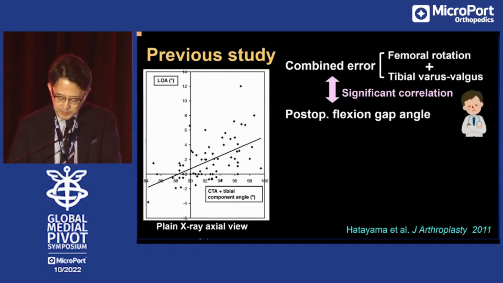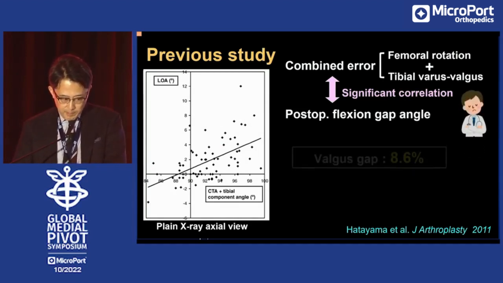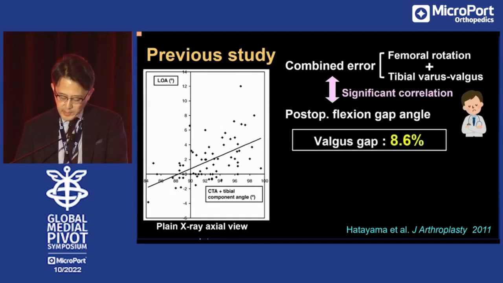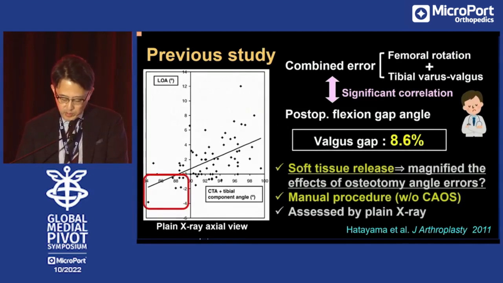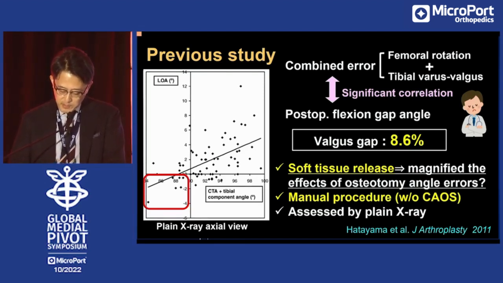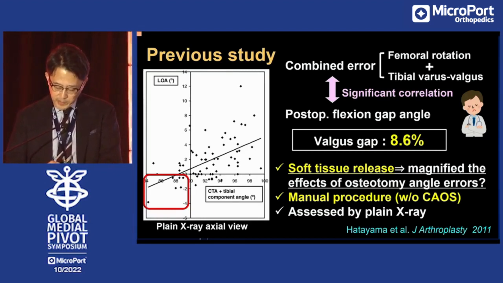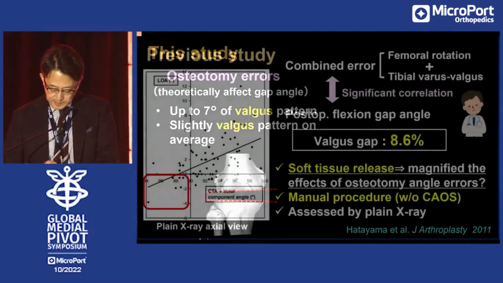In this series, also being different from our study, valgus gap was seen in 8.6% of knees. They concluded that the femoral rotation positioning might cause the valgus gap. However, the range of the combined resection error of the knees that showed the valgus gap was not greater than that of our study. Therefore, we consider that the soft tissue releases might magnify the effect of the osteotomy resection error in their study.